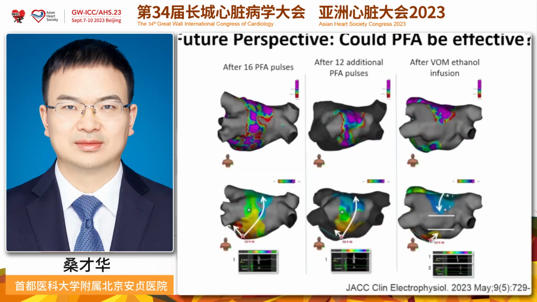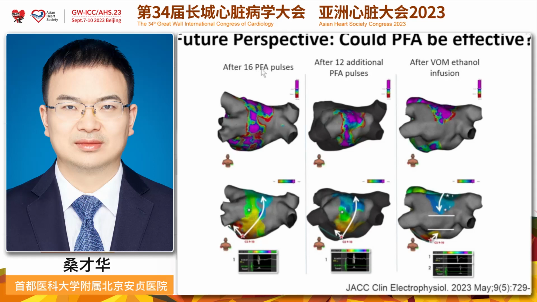This is a case reported recently from Bordeaux. The author used PFA to do a posterior wall ablation.